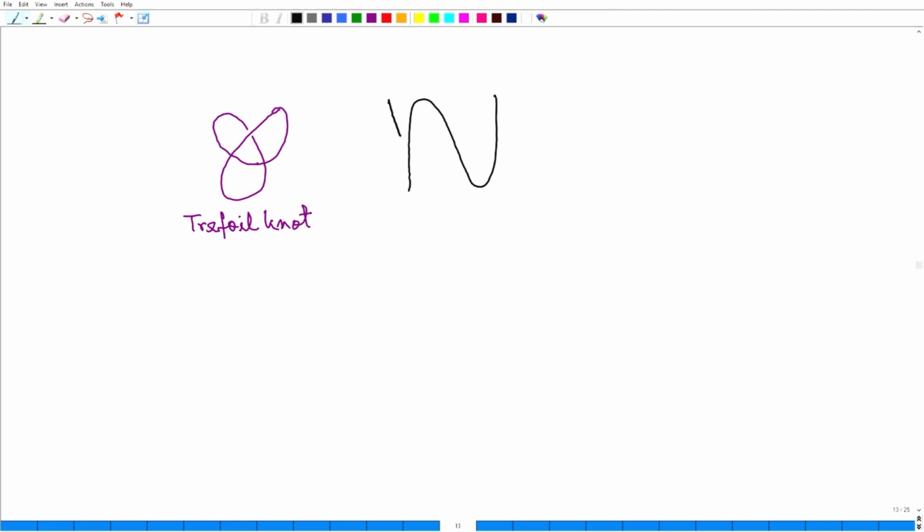It comes below and then goes above and comes like this. Okay.